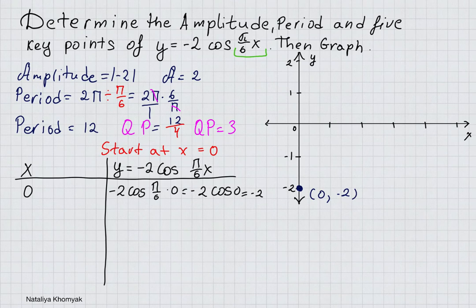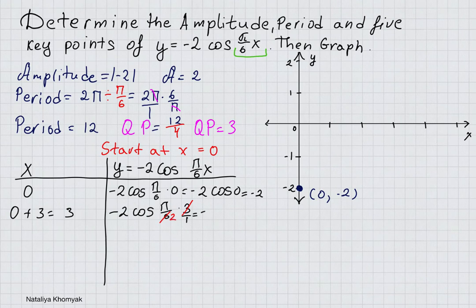The next x value is calculated by taking the previous x, which was 0, and adding a quarter of the period. In this case, it's 3. So the next x value is equal to 3. The y value will be -2 cosine of pi over 6 times 3. 3 over 1. 3 and 6 can be reduced by 3, so the 3 will cancel, and 6 divided by 3 gives us 2.